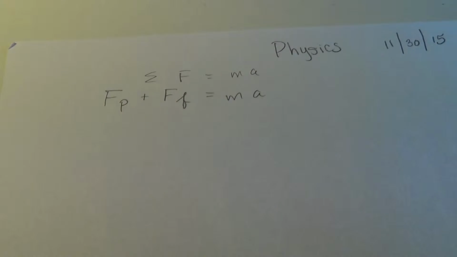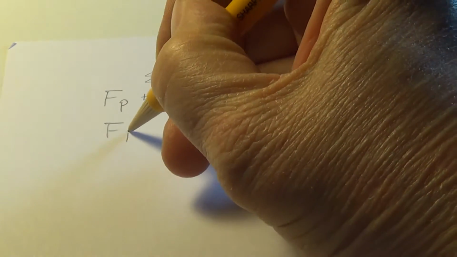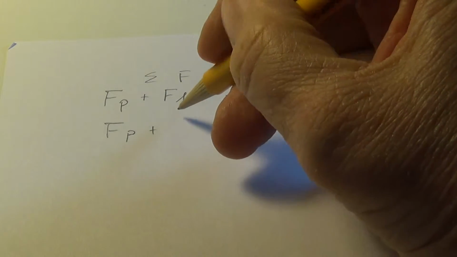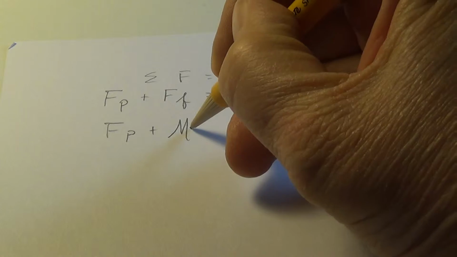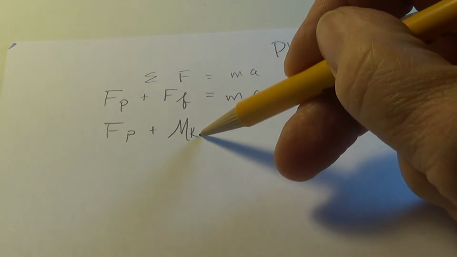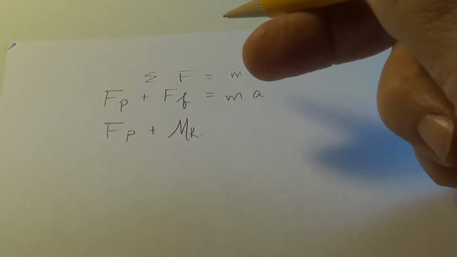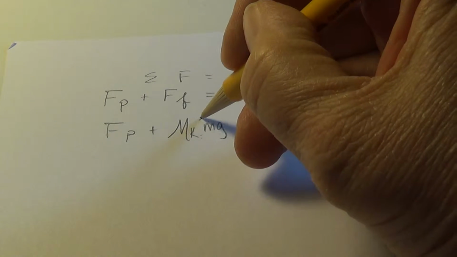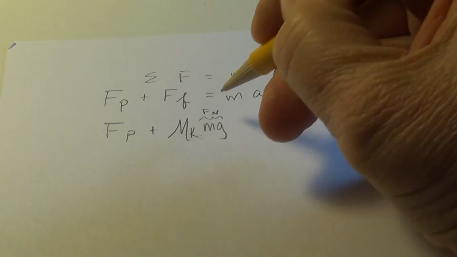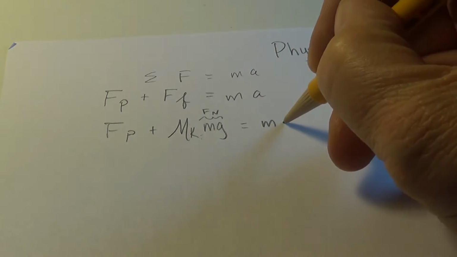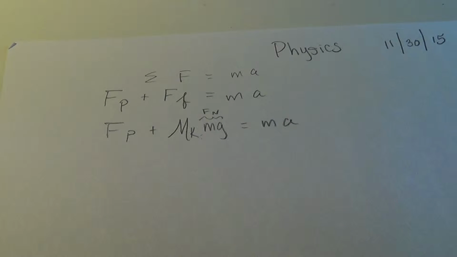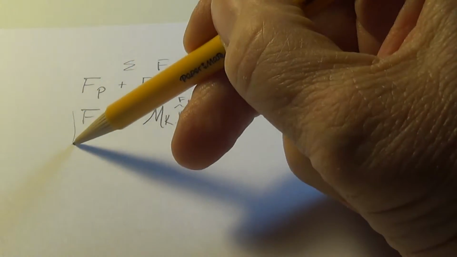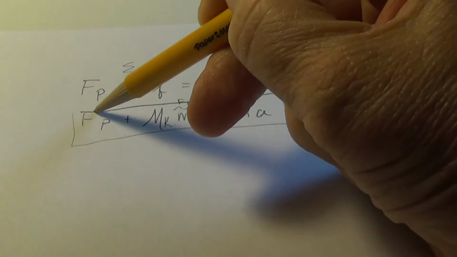A lot of times the force of friction ends up being mu sub K or mu sub S times force normal, depending on whether it's moving, mu sub K, or still, mu sub S. Force normal I'm going to write as mg, because that's what force normal is on a flat surface, equals ma. As I set up for you earlier today, this is the equation that will help us through most of our problems.